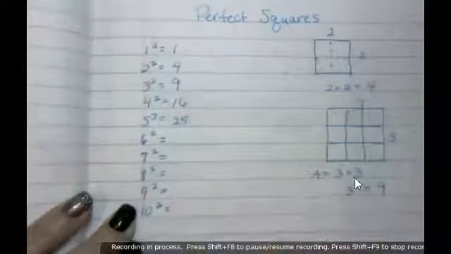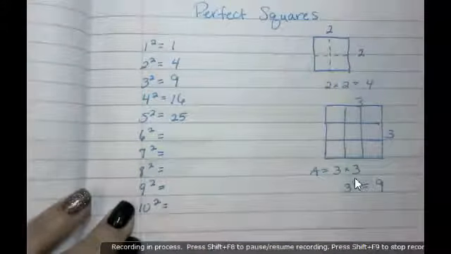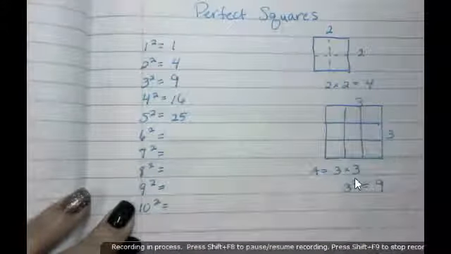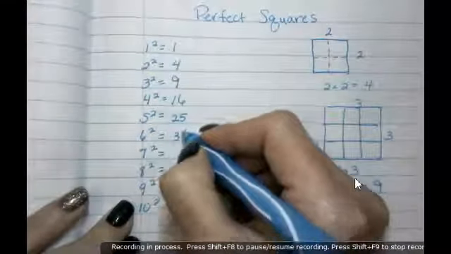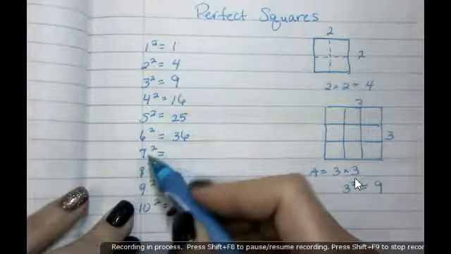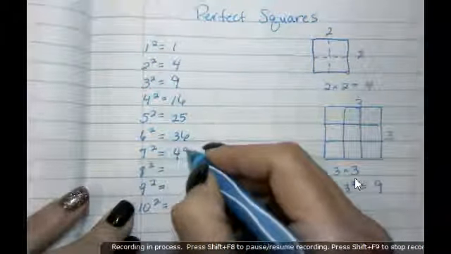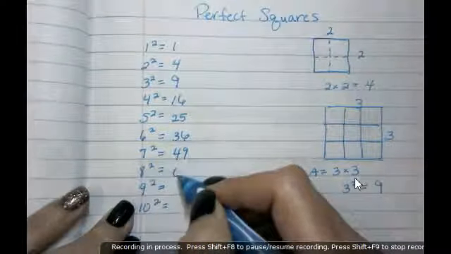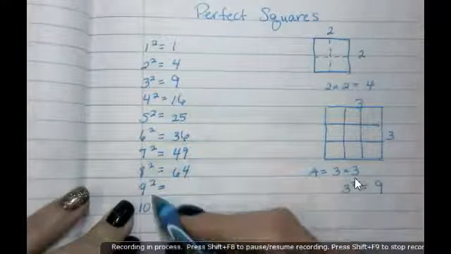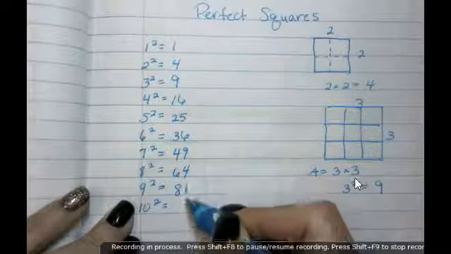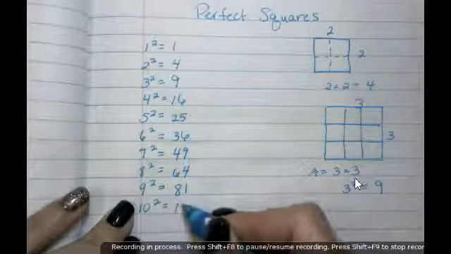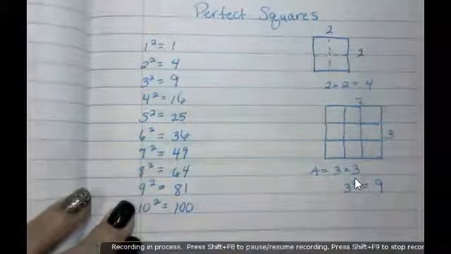You probably have the hang of this and you can fill these all in now. 6 squared, 6 times 6, 36. 7 times 7, 49. 8 times 8, 64. 9 times 9, 81. 10 times 10, 100.